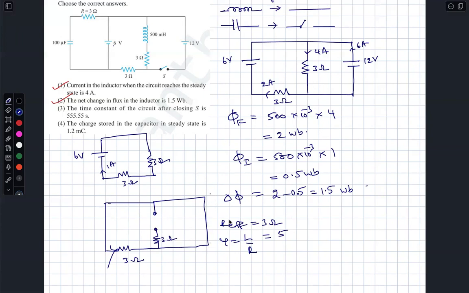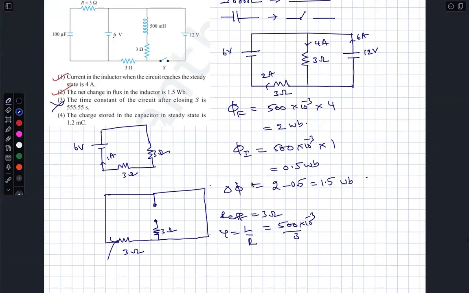It will become 3 L by R, and it is 500 into 10 power minus 3 by 3. So which is wrong here, right?